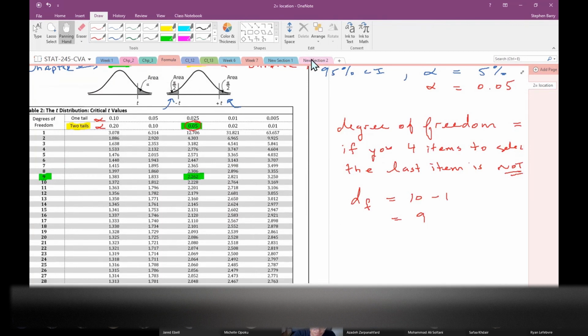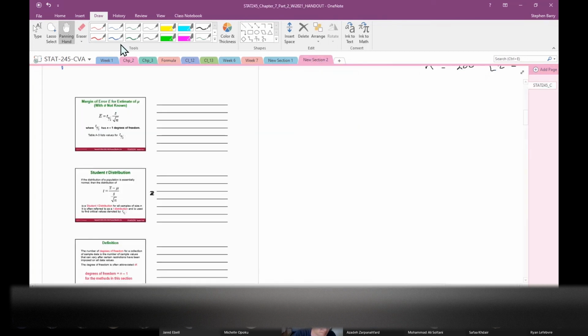2.262. All right. And again, the way we found that was alpha 0.05, two-tail, and our degree of freedom is 9. And now we can calculate the error.